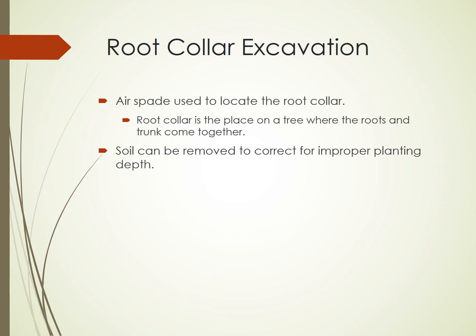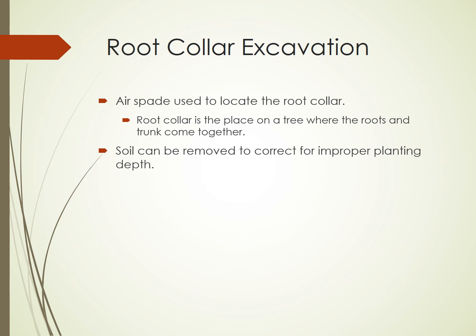Soil can be removed to correct for improper planting depth. Earlier in the class we said there are many trees that have been planted too deep. One of the telltale signs is you look at a tree that's maybe 20 years old and it looks like a telephone pole stuck in the ground. You don't see any root flare, and the root collar is actually below grade. That's a problem.